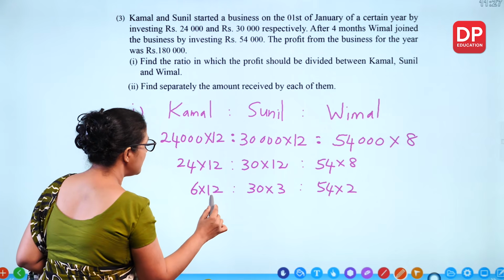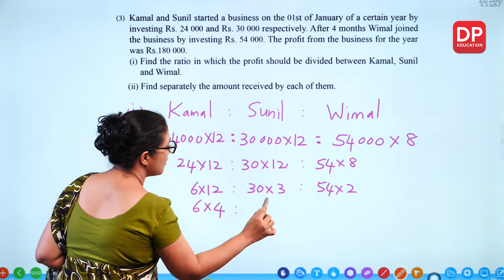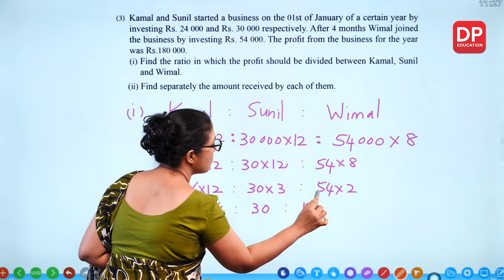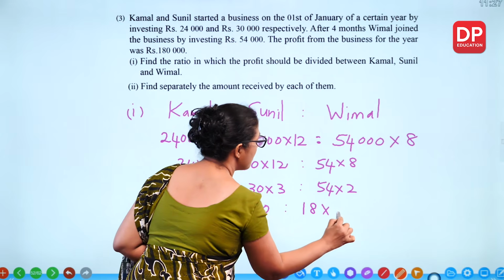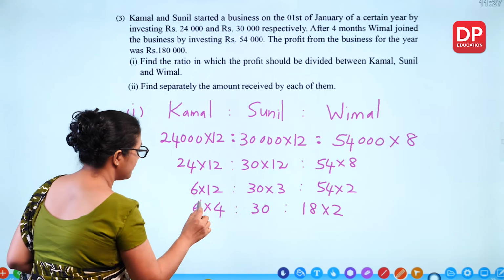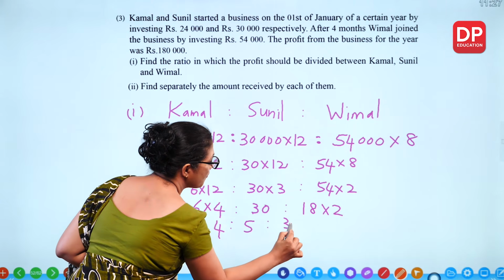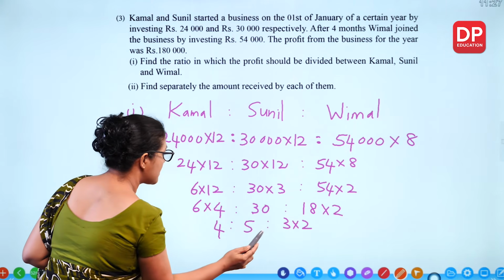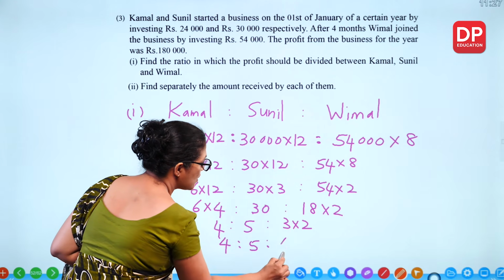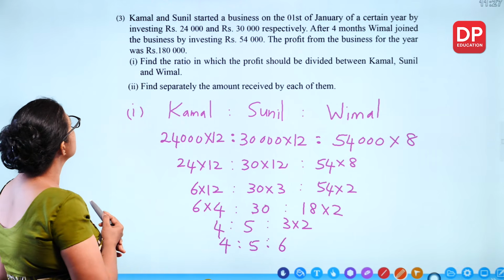Divide by 3 again. Now divide by 6. That's the ratio, 4:5:6. That's the simplest form. That's the ratio.